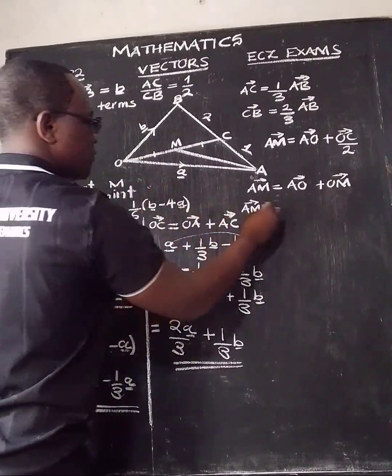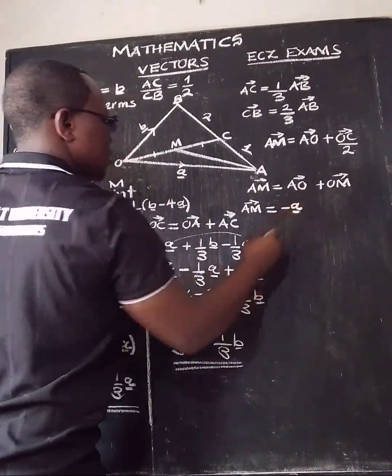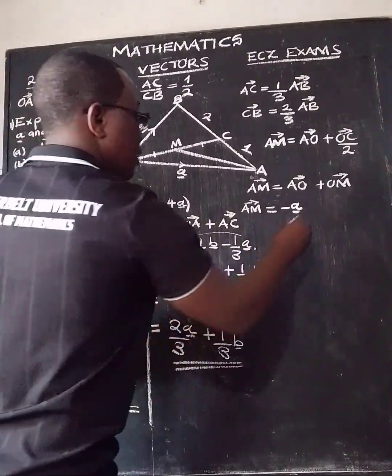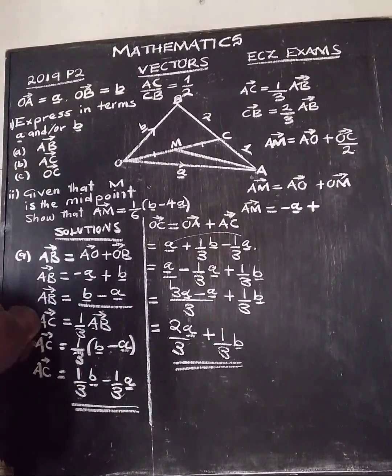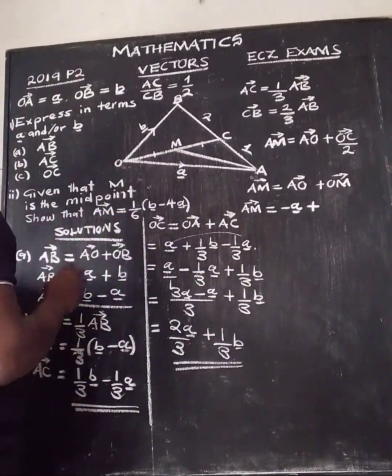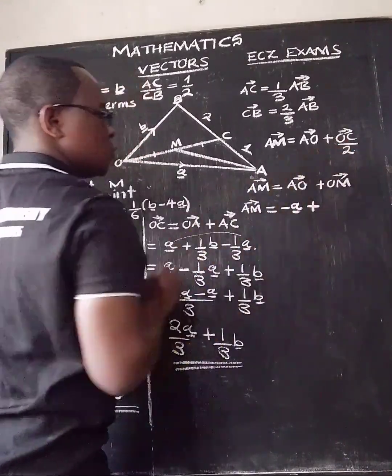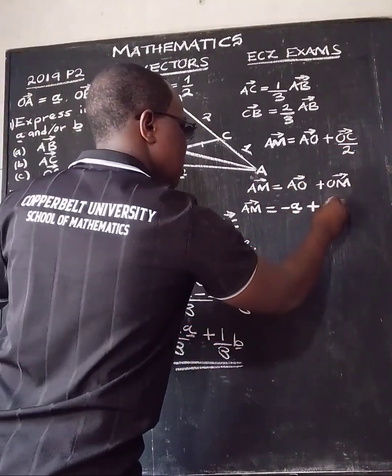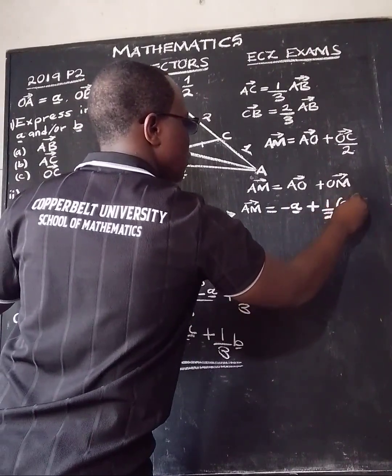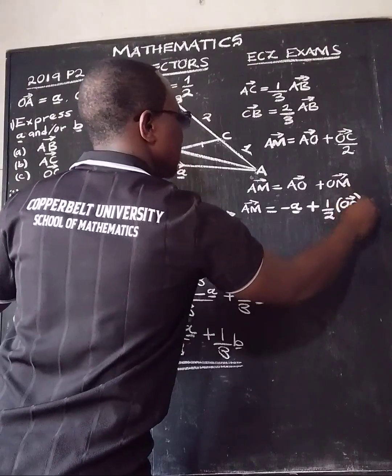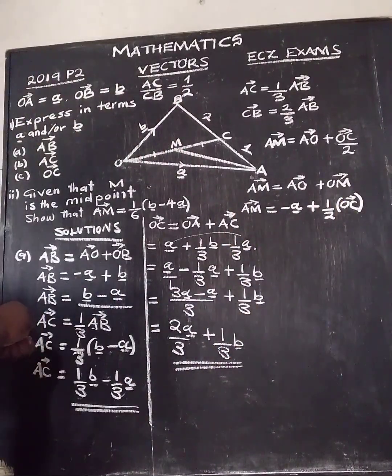AO is negative vector A. Then plus OM. OM is half of OC. No wonder I'm saying OC divided by 2. Or if you want, you can write it as 1 over 2 of OC. This is what we've done.